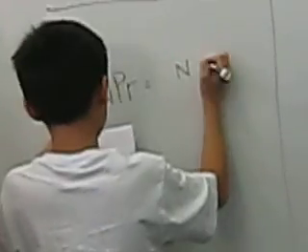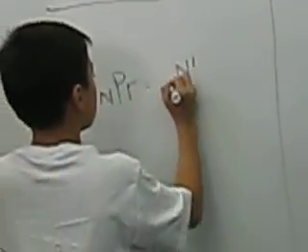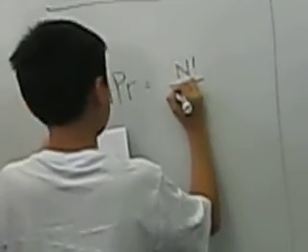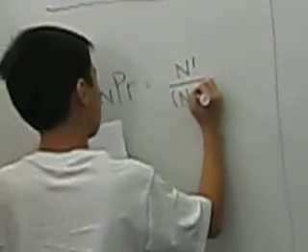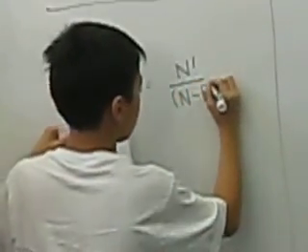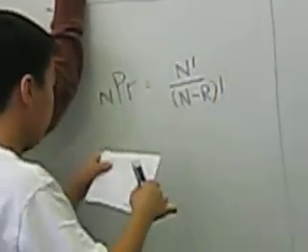The n is on top, with the permutation in the middle, and you have to count that with every other number. And then the bottom is parentheses n minus r, in parentheses, and then a factorial again.